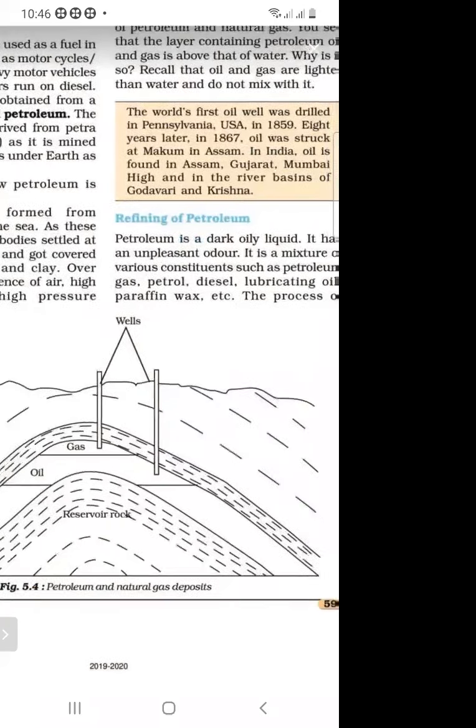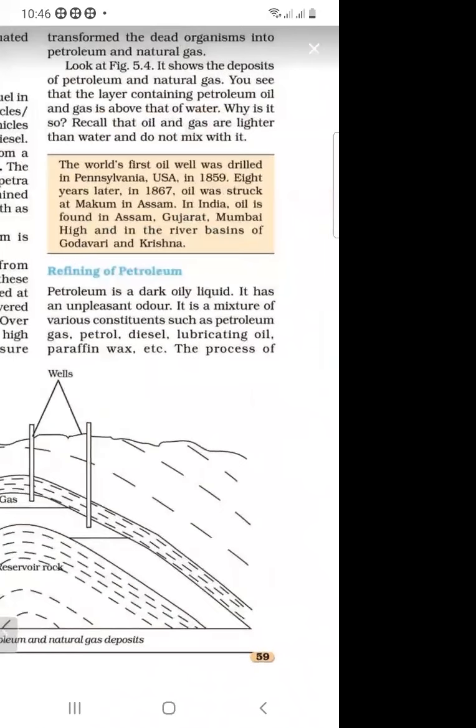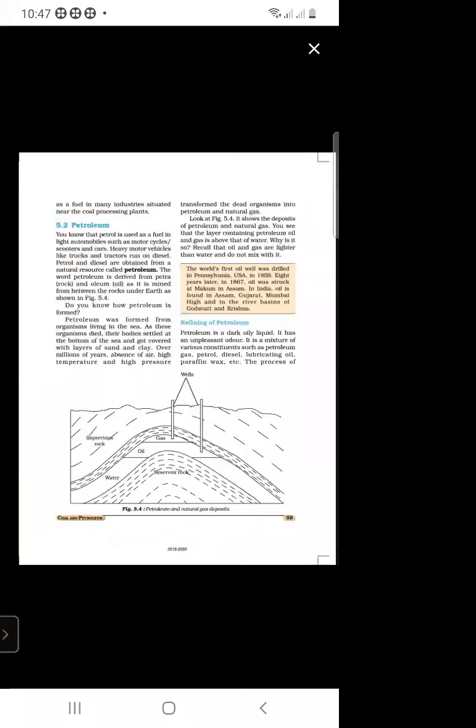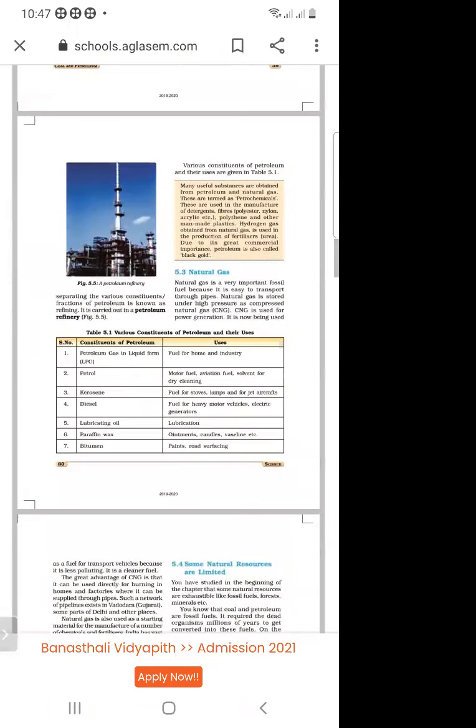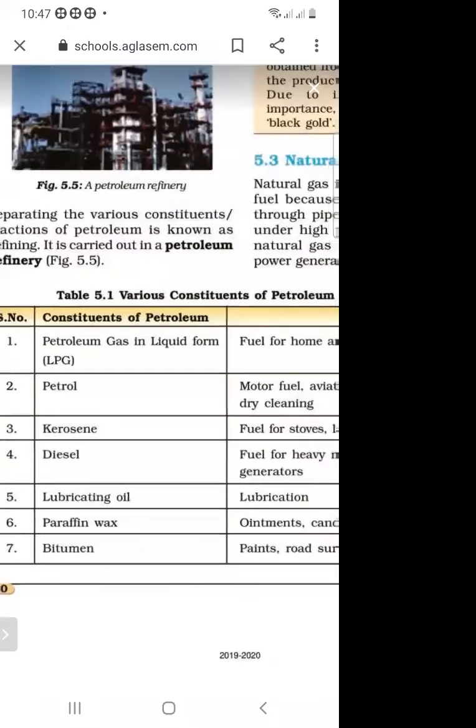Petroleum is a dark oily liquid, and it has a very bad smell, and it is a mixture of various components just like petroleum gas, petrol, diesel, lubricant oil, and paraffin wax. So this is petroleum, and next, what do you mean by refining of petroleum?